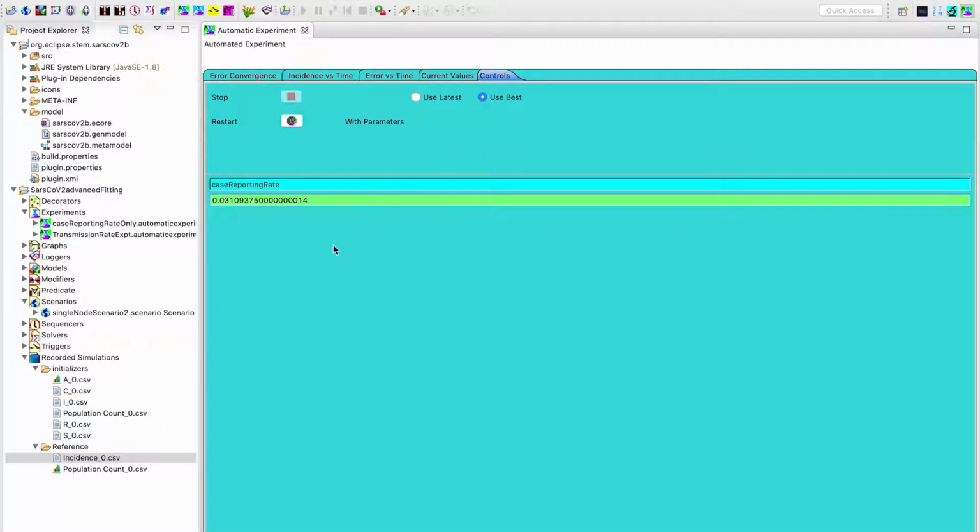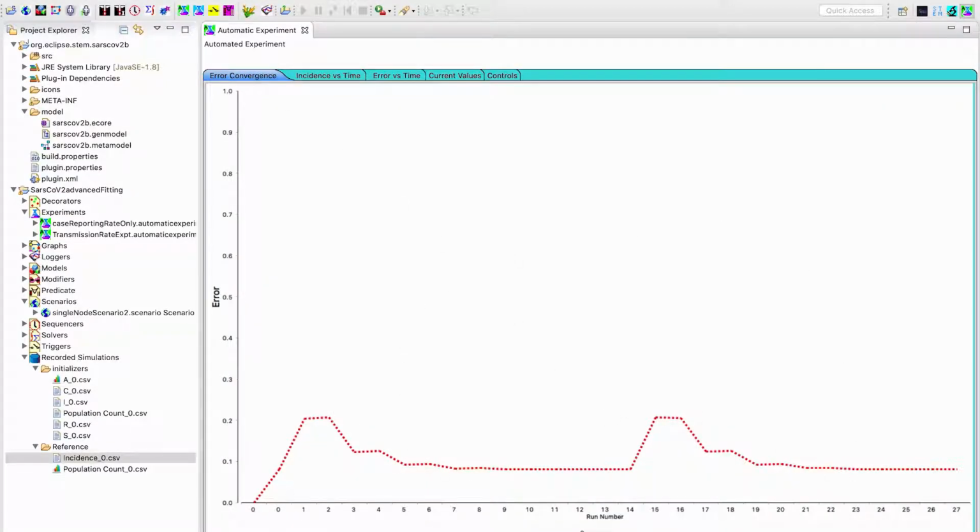If we select using the best estimate value, we can actually reinitialize our exploration of case reporting rate around this best estimate if we then select restart. And the experiment has been restarted and run quick 27 times around that value.